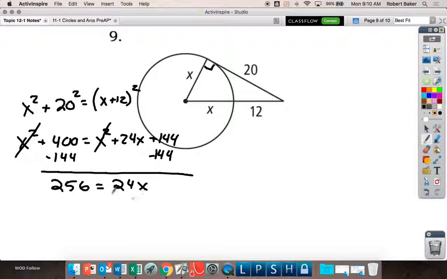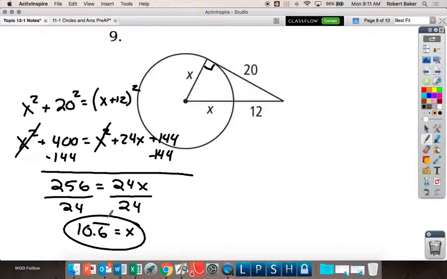Divide both sides by 24. It's like 10.6 repeating. So what is 10.6 repeating? Right. Yes. And the radius, by its thug name, the radius.